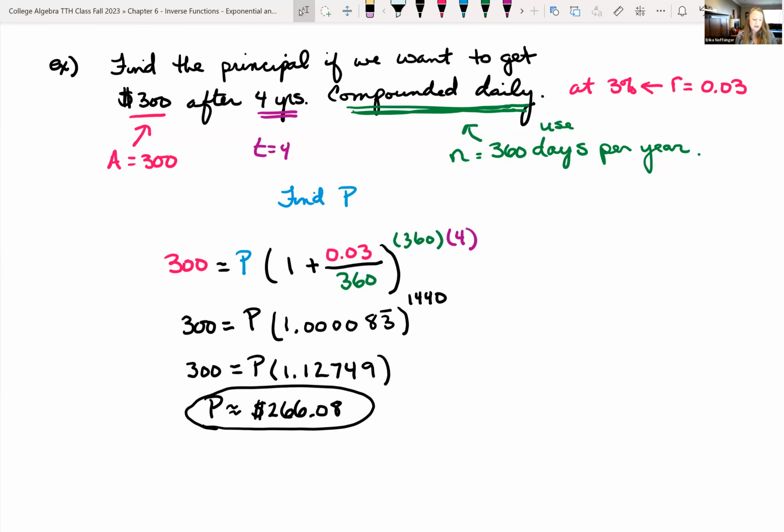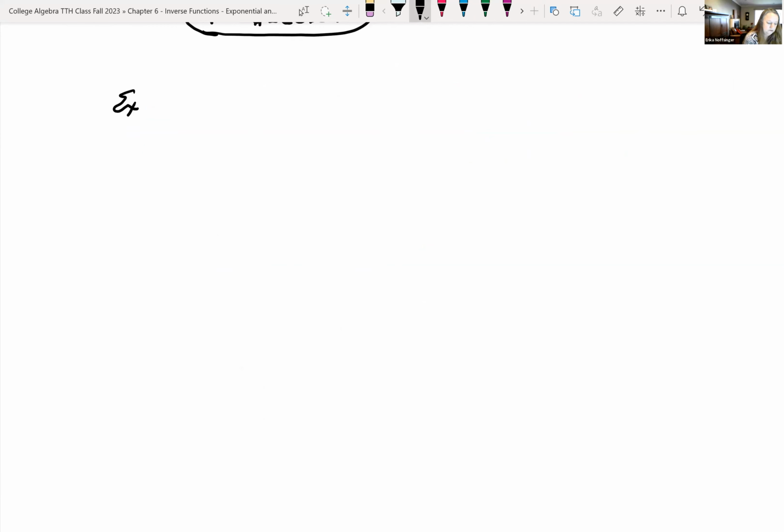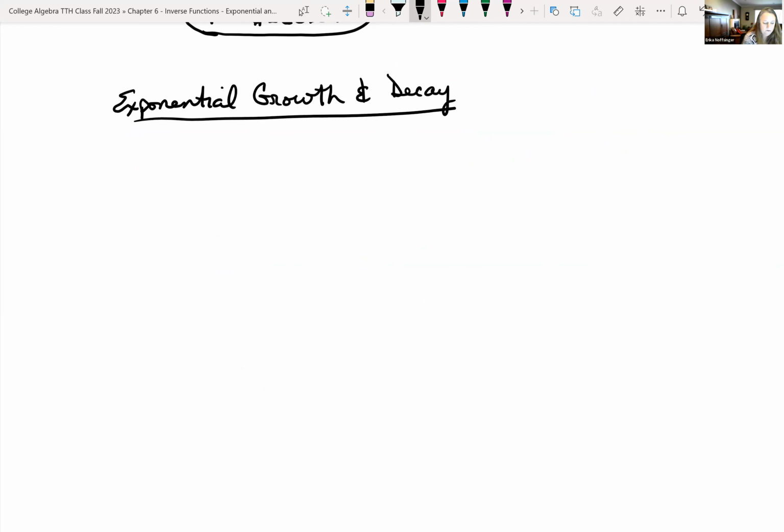So other types of applications that you're going to see are exponential growth and exponential decay. Your exponential growth formula is A sub t is equal to A sub 0 times e to the kt.